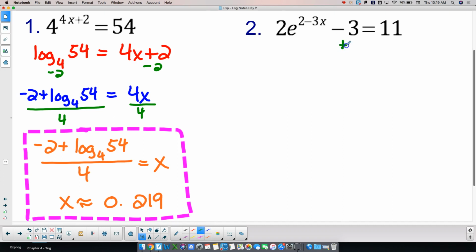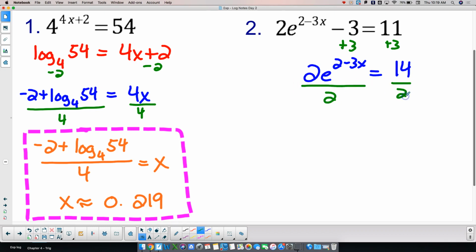Second one, I'm going to add 3. That's going to give me 2e to the 2 minus 3x equals 14. Still not isolated because I have something in front of the exponented term. So I'm going to divide by 2. That gives me e to the 2 minus 3x equals 7.